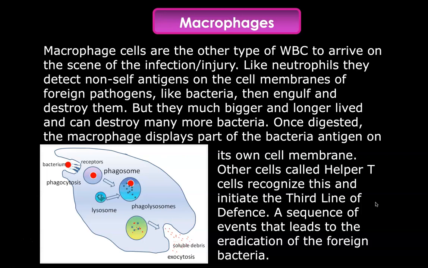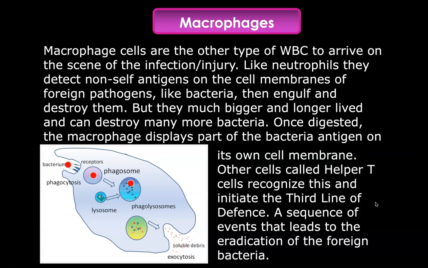Okay, macrophages. Macrophages are the other type of white blood cell to arrive on the scene of the infection or injury. Like neutrophils, they detect non-self antigens on the cell membranes of foreign pathogens, like bacteria, and then engulf and destroy them. If you look at the picture in the bottom left-hand corner, you'll see the bacterium in red, and the macrophage has these specific receptors which try to locate a non-self cell.